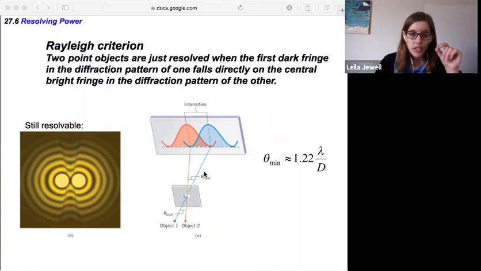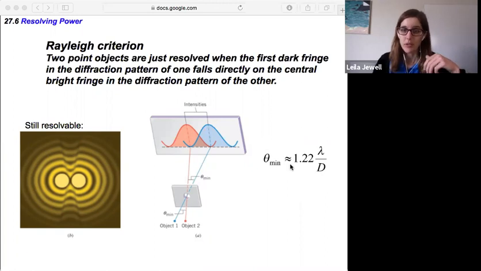And so the key here is that the minimum angle to resolve objects is going to be our condition for that first dark fringe. That's going to be 1.22 times lambda, the wavelength, divided by d, the diameter of the opening of the aperture. And here we've gotten rid of the sine.